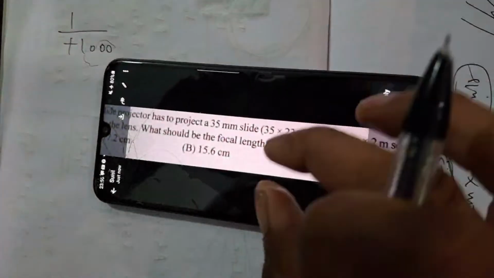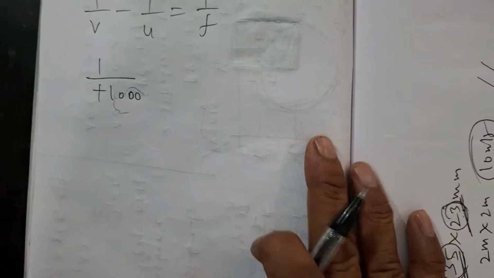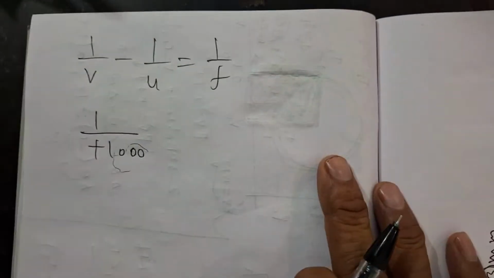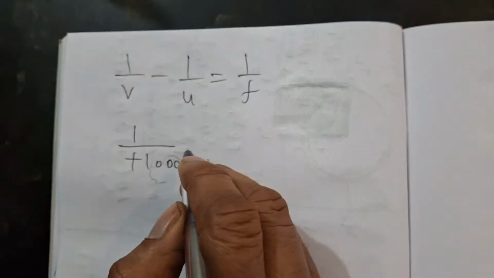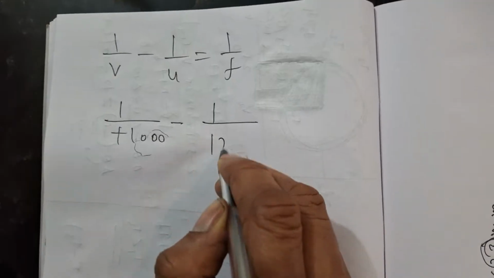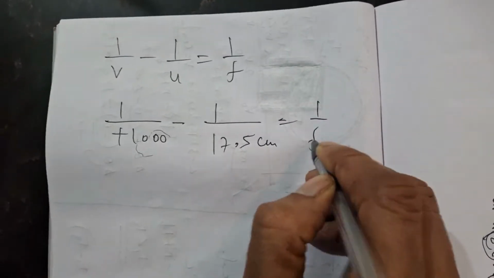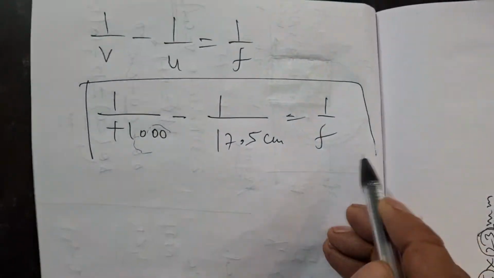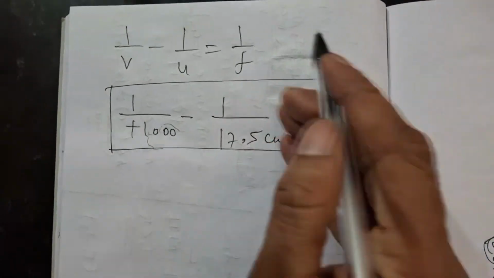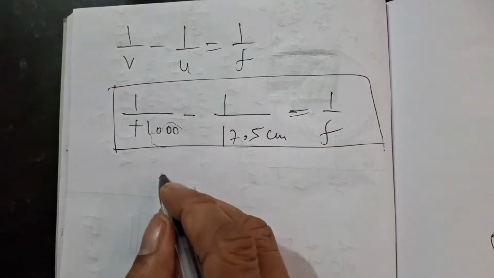In centimeter. So write in centimeter, and you get 17.5 centimeter, and this is the focal length. Please solve, you will get the answer surely.